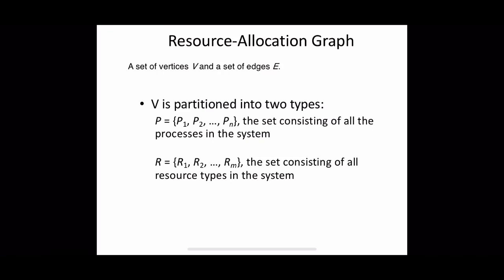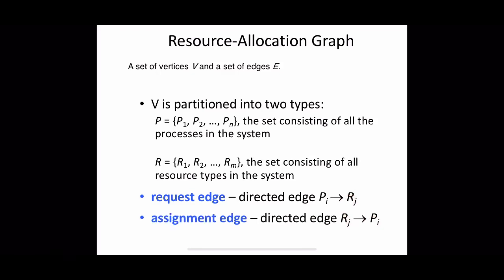So these are the two different sets within the vertices, and two types of edges are there. One is called the request edge, a directed edge from process to resource type, denoted by Pi to Rj, which means that process Pi requests an instance of resource type Rj and is currently waiting for it.